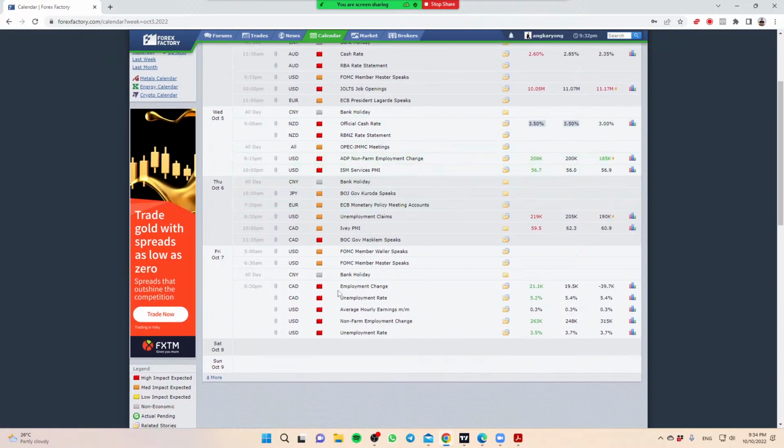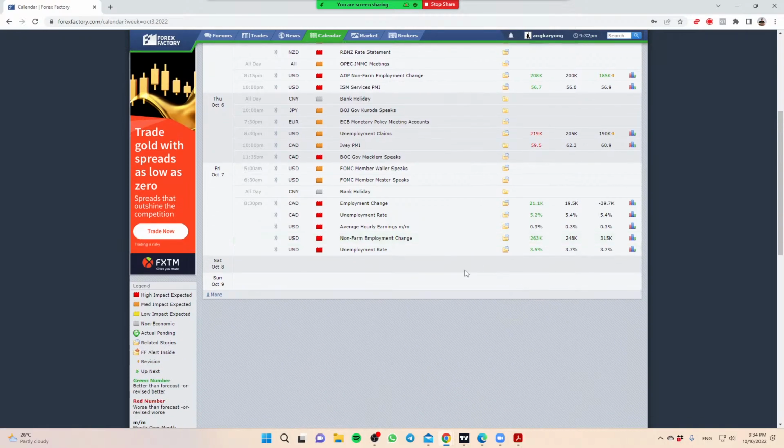And then of course we have the NFP. NFP came in okay, not much of a surprise, but I think the major one here is the unemployment rate. It's a little bit surprising because generally the conversation is inflation, and that we're likely going to see a recession coming next year.